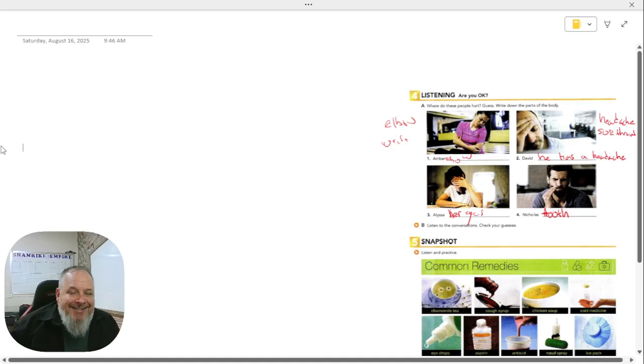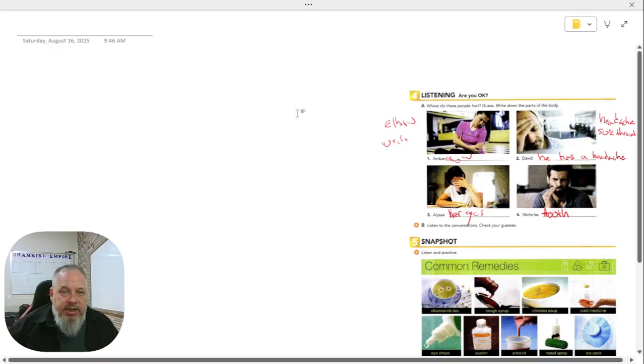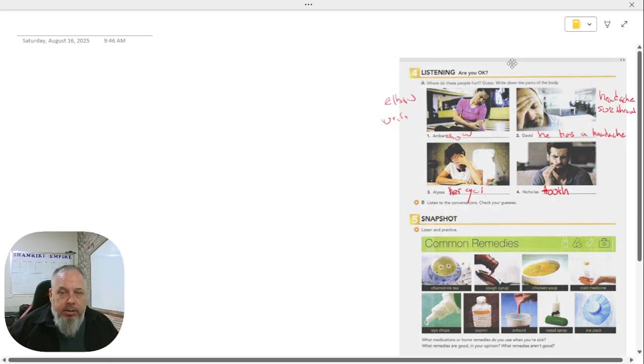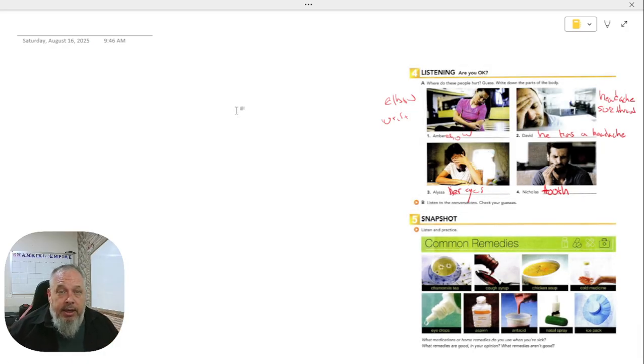Students, this is the end of 12A. We're going to stop here, all right? Because this snapshot is the beginning for 12B. Please review the new words about the body and the grammar.